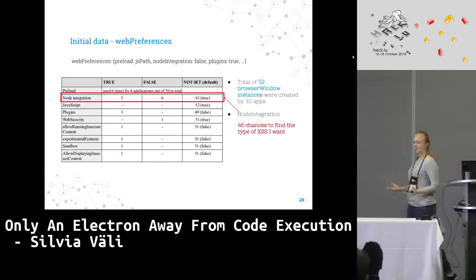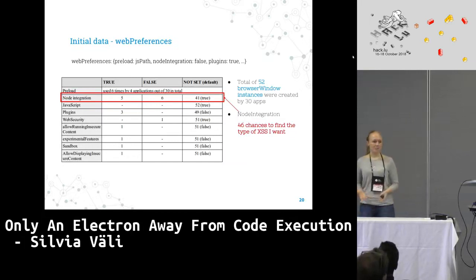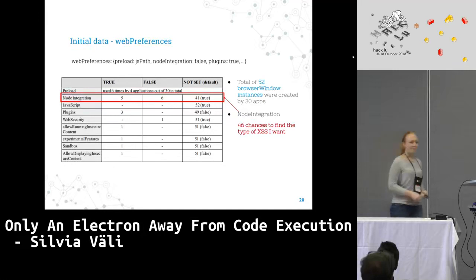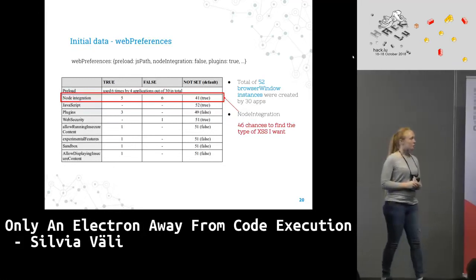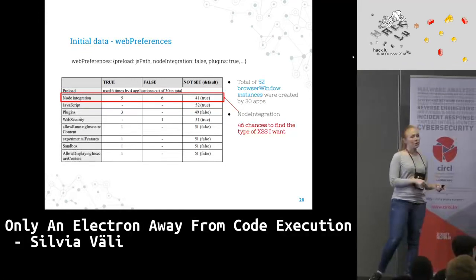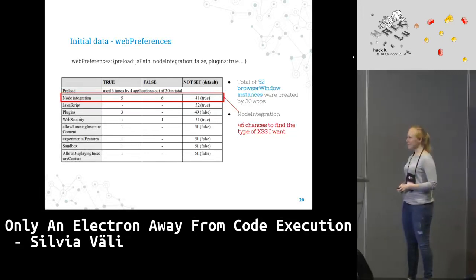Maybe they had some static content, and they realized the best option was to set it to false. So by these numbers, I had pretty good odds of finding a cross-site scripting vulnerability, right? 46 chances. If this occurred, I would immediately end up with code execution.